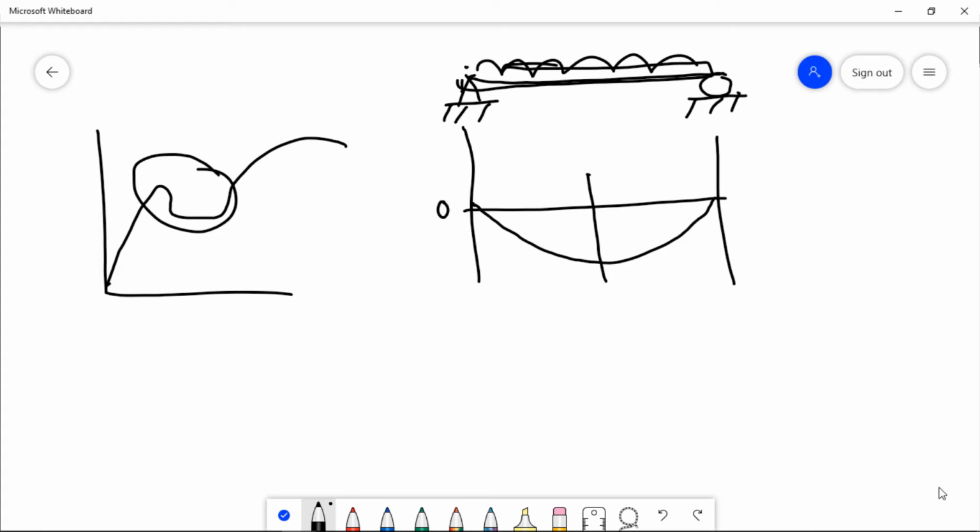When yielding occurs at the center due to exceeding of applied loads, as a result of applied loads there will be more bending moment as compared to the capacity of this beam, then yielding will occur at the center of the beam.